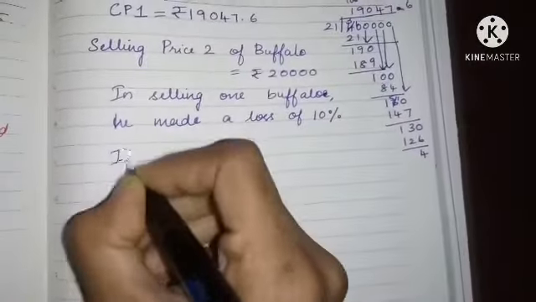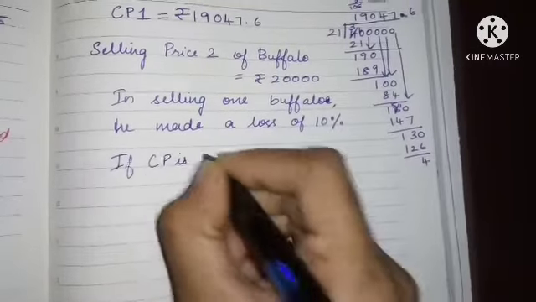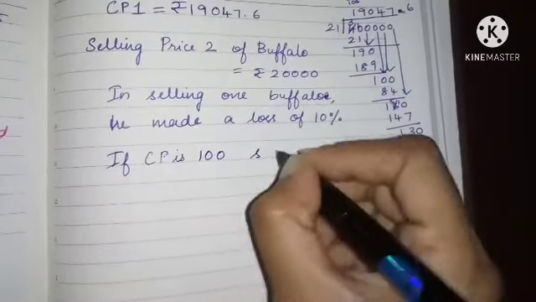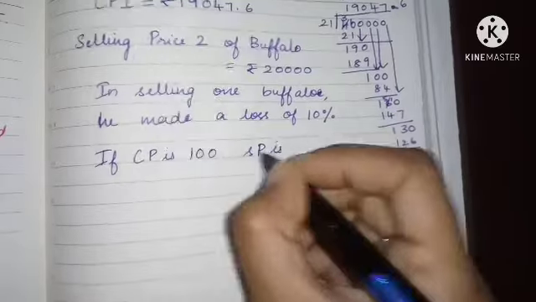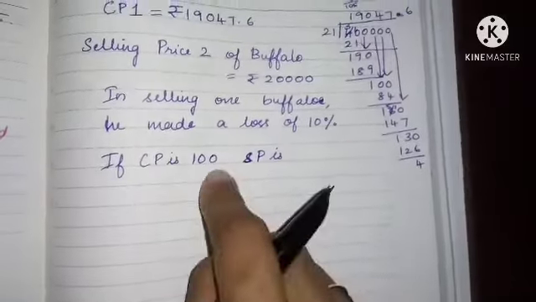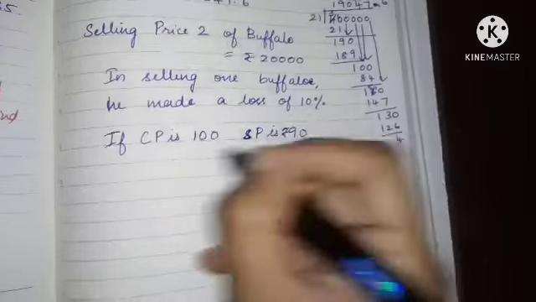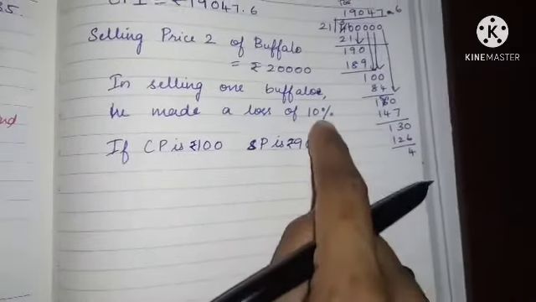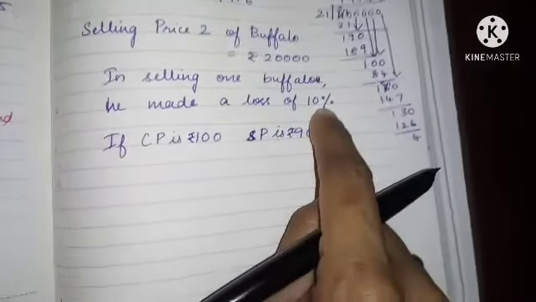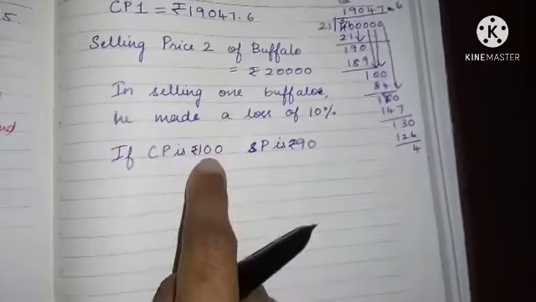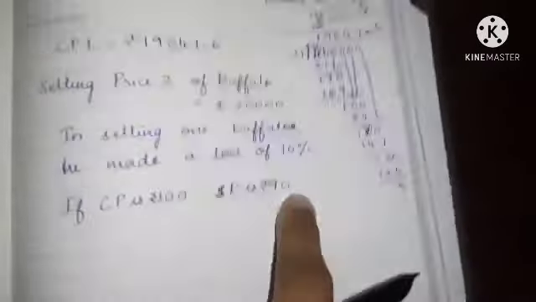So what will be the condition of the cost price and selling price? If cost price is 100 rupees, selling price is 90 rupees. Correct? Yes, that is the meaning of 10% loss. Cost price 100 rupees means selling price will be 90 rupees.